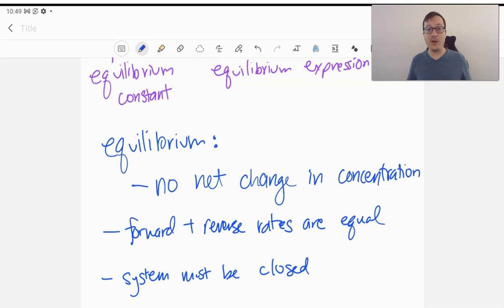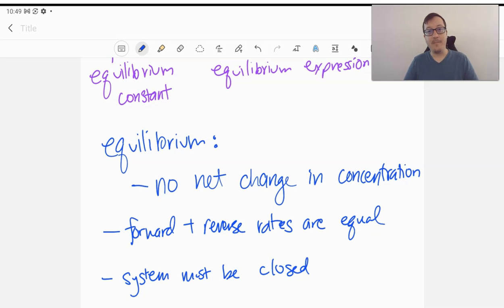However, if we have a water bottle that's sealed, a closed system, that water will never evaporate fully. You'll still have the same proportion of liquid water and gaseous water on top of it. But if you dump that water out onto a plate or something and just leave it out, that's no longer a closed system. The water evaporates and eventually it's gone. And so that's not an equilibrium. But in the water bottle is an equilibrium.